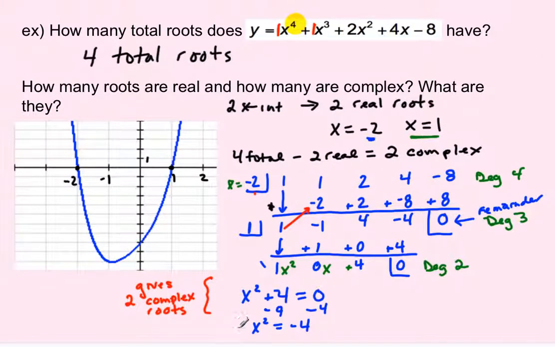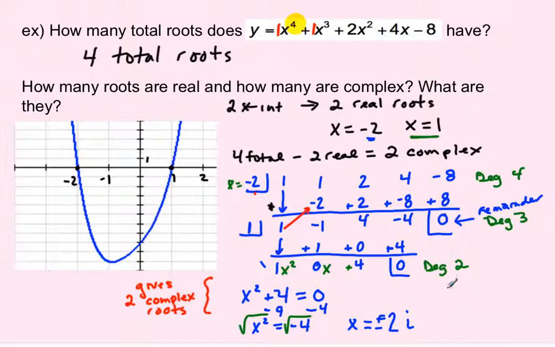If I now square root both sides of my equation, I remember that when I square root both sides, I'm going to undo that there. Let me move it over, I ran out of space. When I square root both sides, I get a plus or minus every time. So 2 answers coming out of here. And the square root of a negative gives me an i. And the square root of 4 gives me a 2.